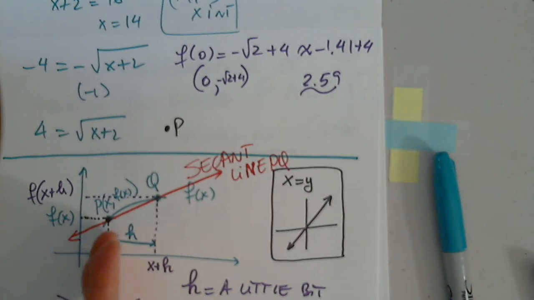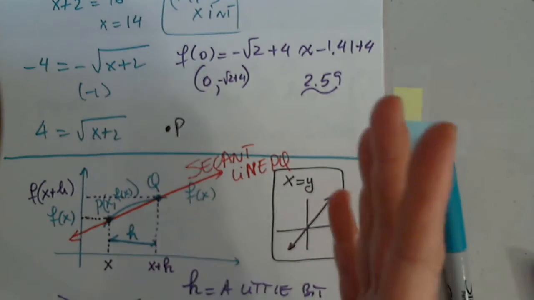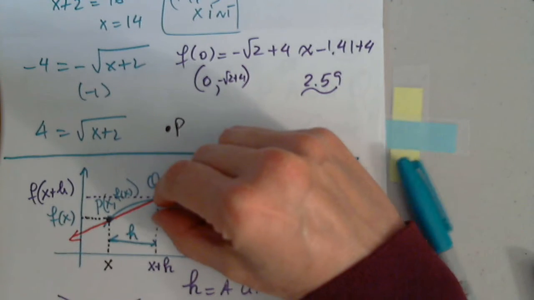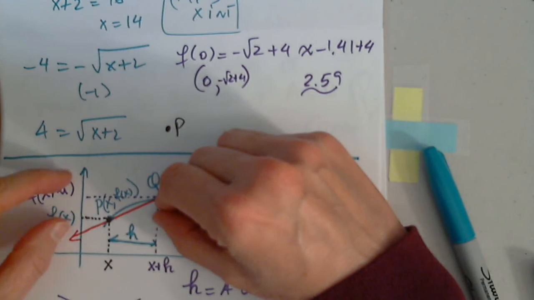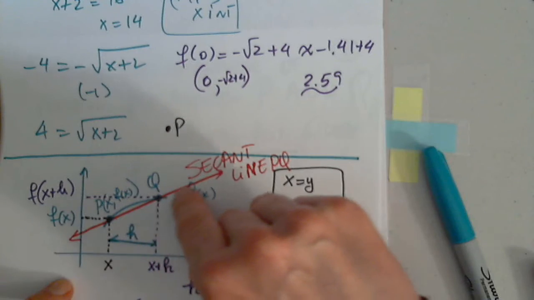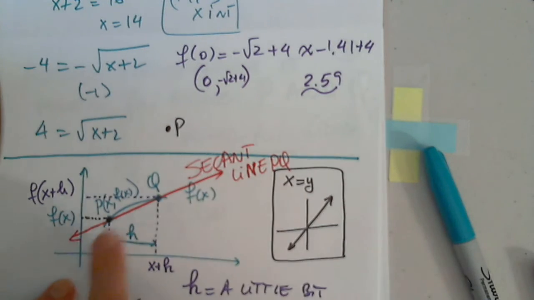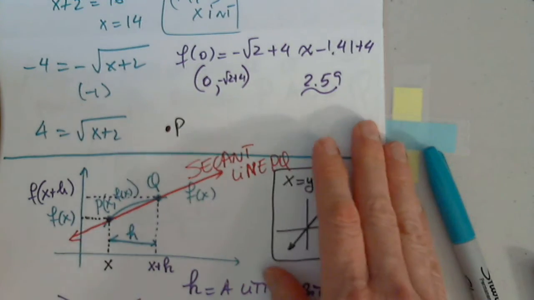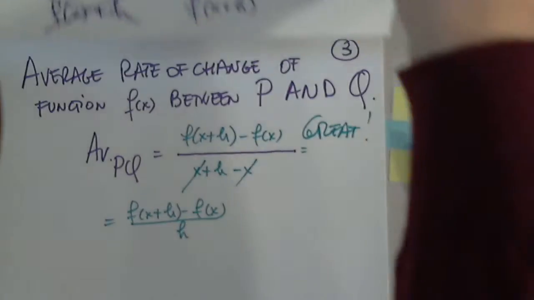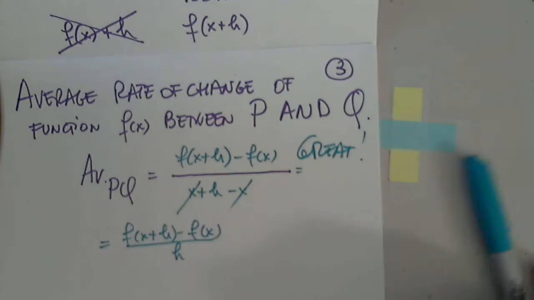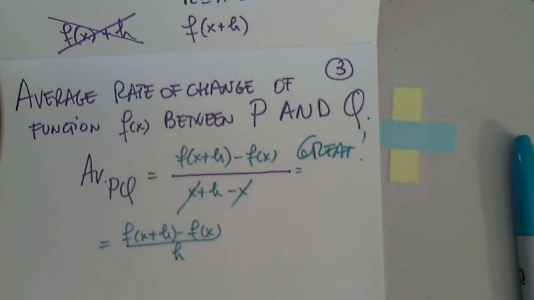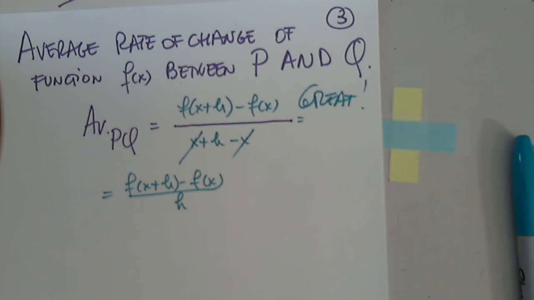So as x increases by h, y increases by this difference. And this is the average rate of change of the function between P and Q. Now stay with me because this is half of, and I'll come back to it many times, this is half of chapter 2. Right here, right now.